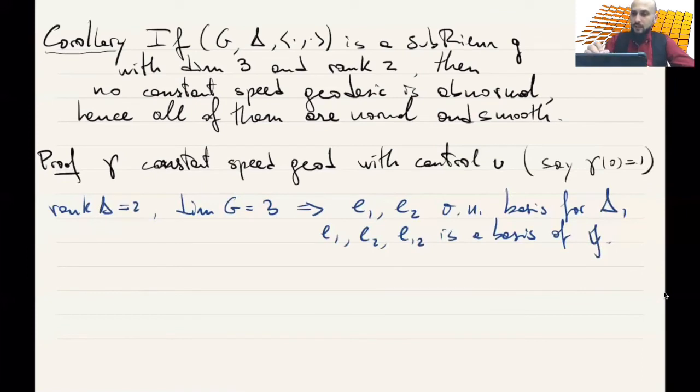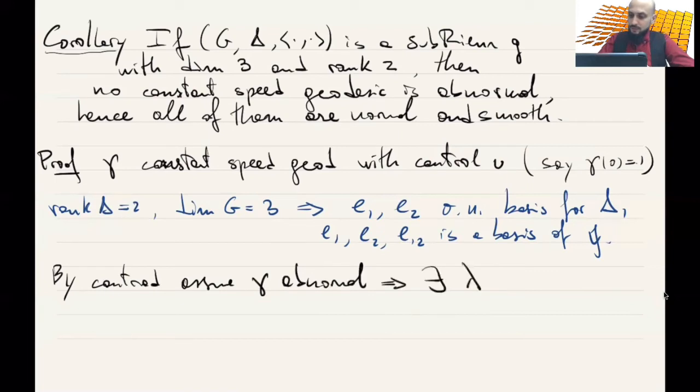Okay, now let's say by contradiction, assume gamma abnormal. So therefore there exists lambda, a covector, with lambda different than 0.